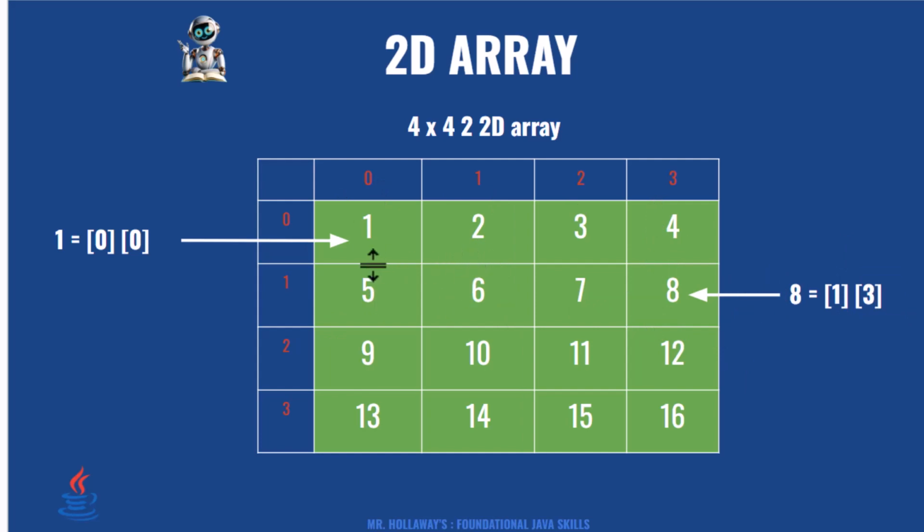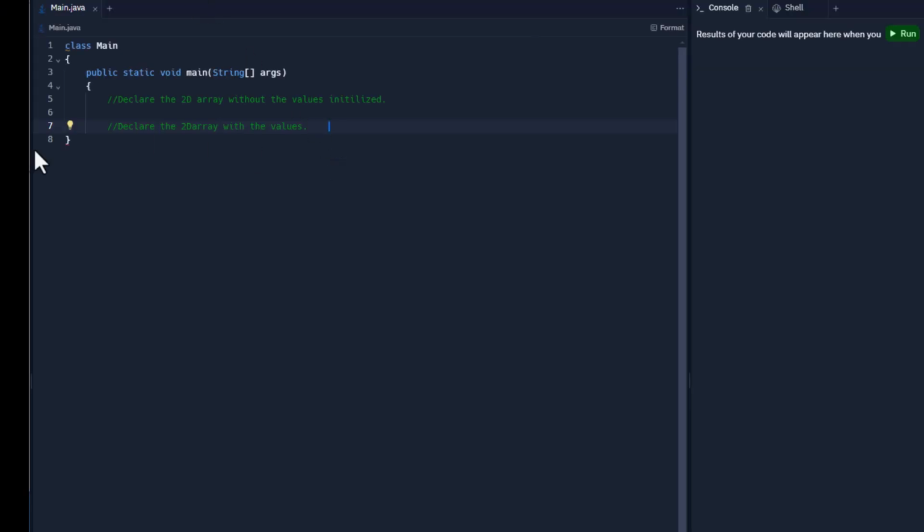Now let's go back into the code, and we're going to actually make one with some Java. All right, so we're going to declare an array. So the first thing we need to do is declare the data type. So it's going to be an int. And with an array, we would do single square brackets, but with a 2D array, we're going to do 2.